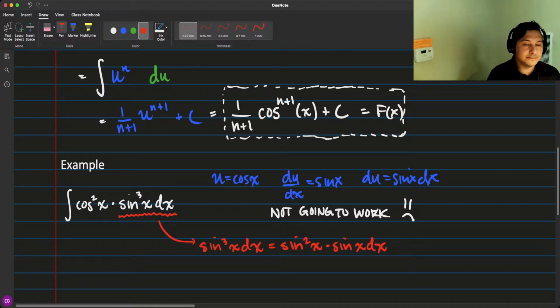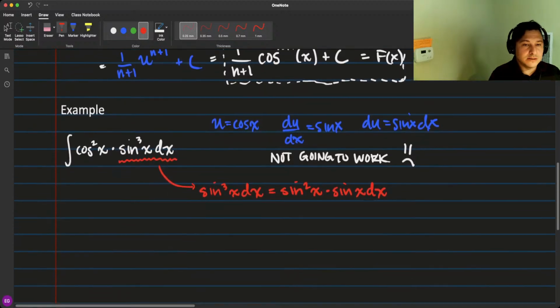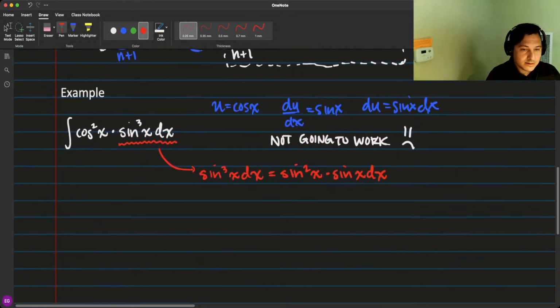Okay, so let's break it up. Now, what's the purpose of breaking this up? Well, you can use some trigonometric substitutions. What do we know that sine squared is equal to? There are a lot of different things, but one in particular is 1 minus cosine squared.